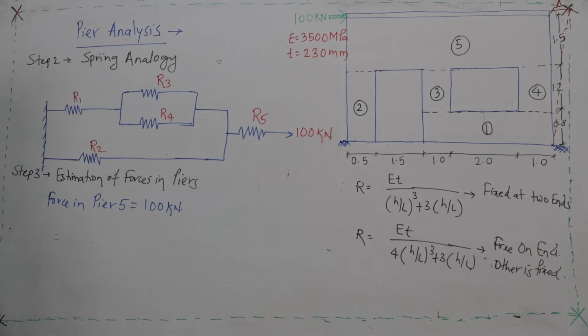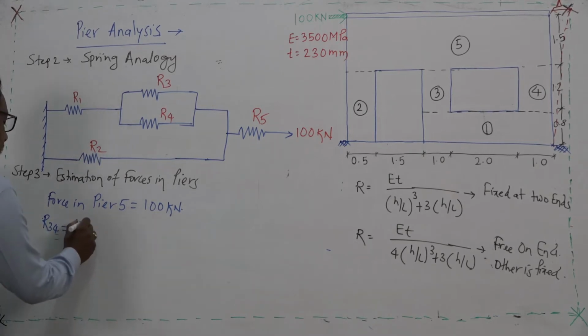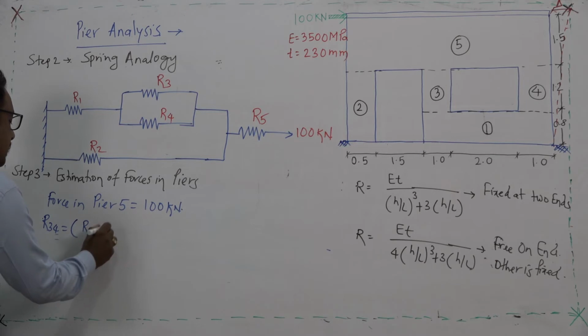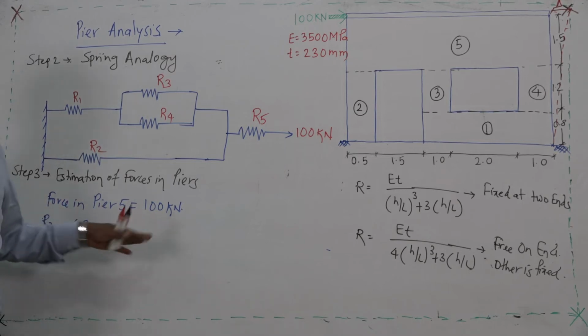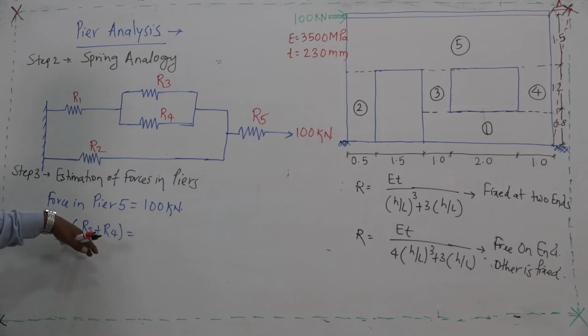Then I will write here the equivalent stiffness of these two springs. So, I will write R34. R34 is nothing but the addition of R3 plus R4. We have considered these two springs in parallel, similar to the addition of K1 plus K2, like that. So, it is similar to K3 plus K4, which we will consider as R3 plus R4.